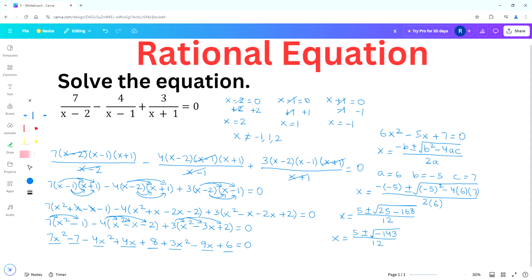Square root of a negative number is not a real number. That means this rational equation has no solution. This should be the final answer for this problem.